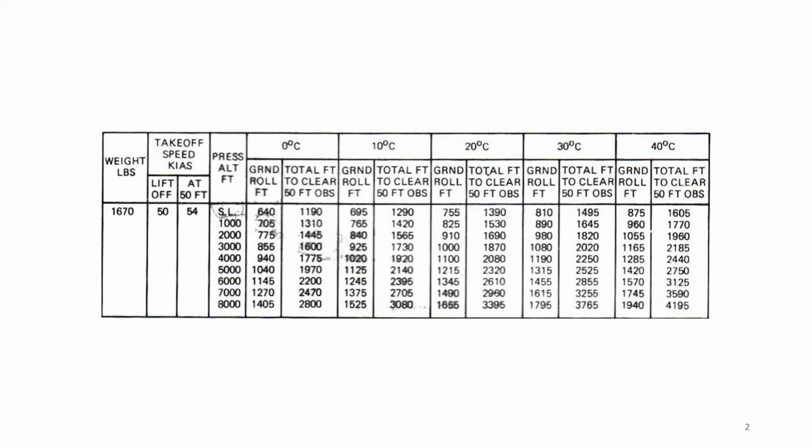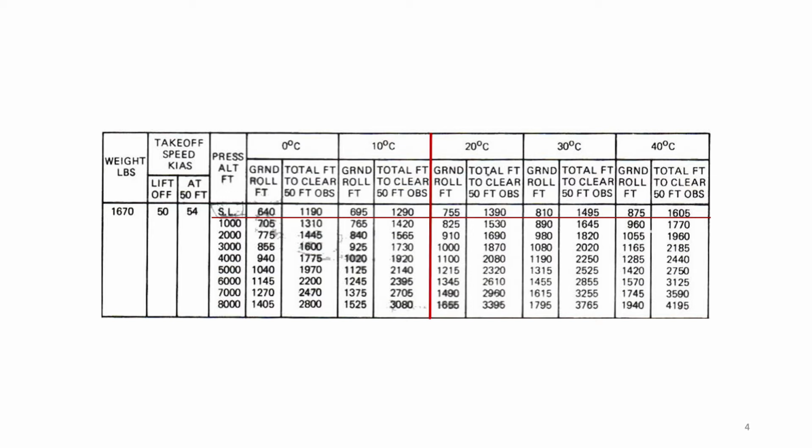So we're back at the takeoff performance chart for the Cessna 152, and we're going to apply it to a specific scenario. We're going to apply it to start with, sea level on a standard day. So our pressure altitude is 0. We're out there at an airport on the coast on a perfectly standard day.